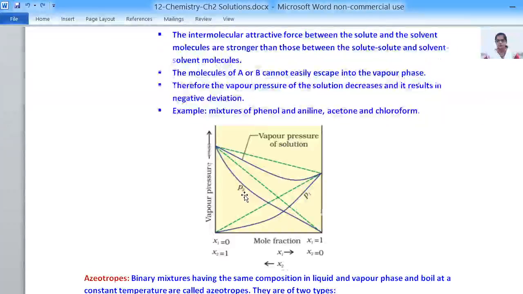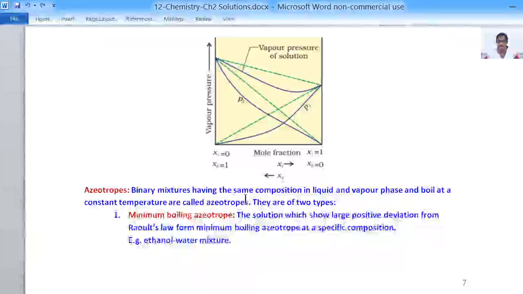Next, we move on to the other topic called azeotropes. Let's see what azeotropes are. Binary mixtures having the same composition in the liquid and vapor phase and boiling at constant temperature are called azeotropes.